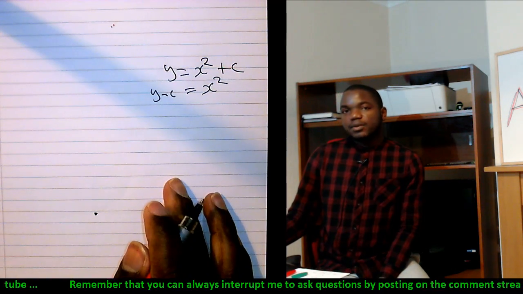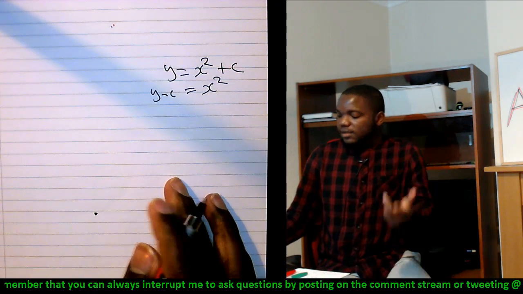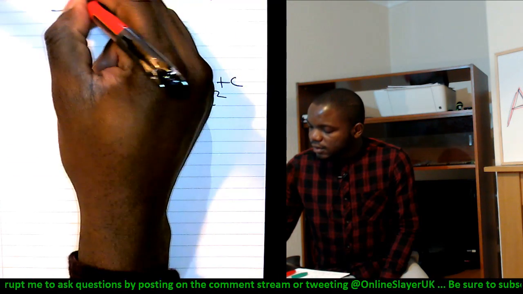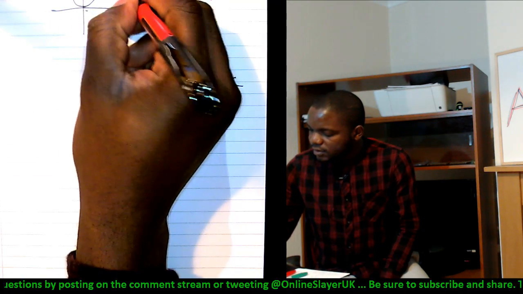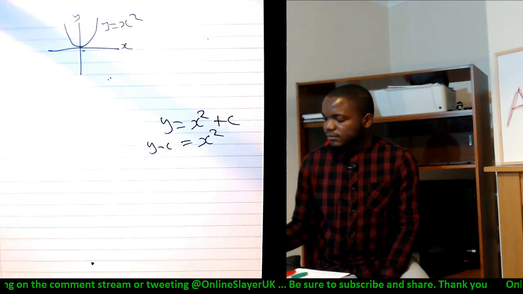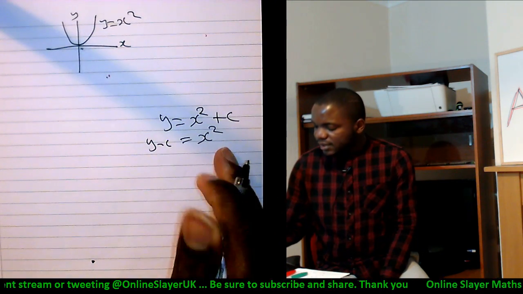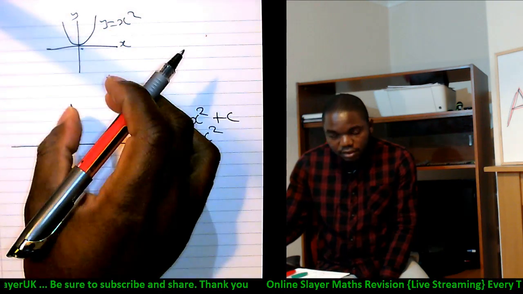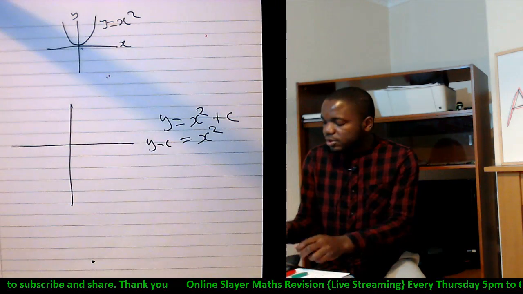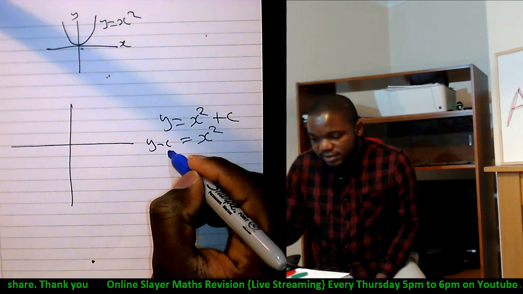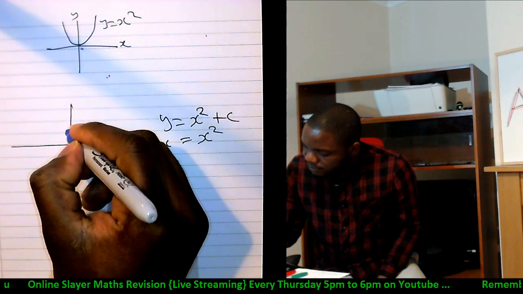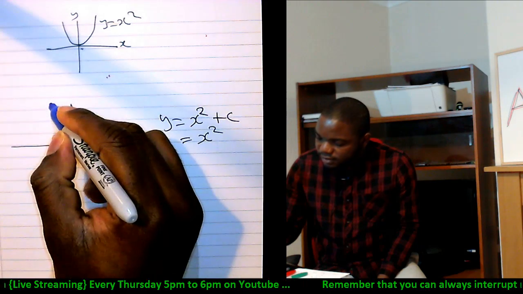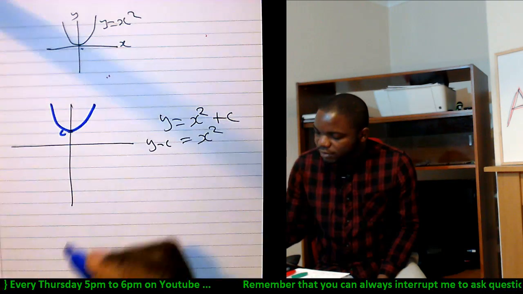So just like the problem when it was x minus b, if you have this to be y equals x squared, then y minus c equals x squared is the same kind of curve, but this one jumps up by plus c.